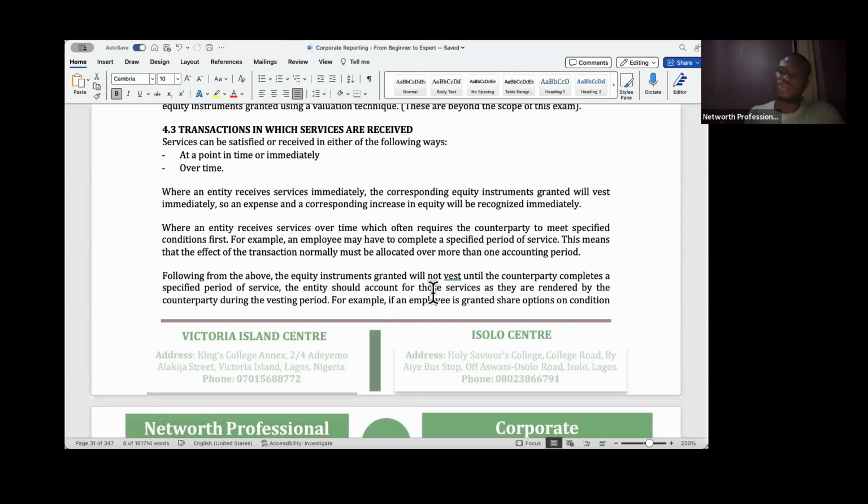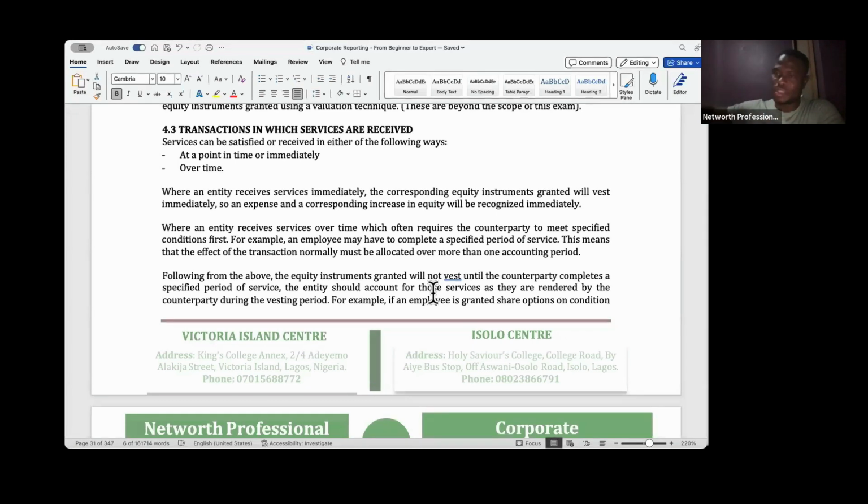And that is what you will find in your exam, where employers give their employees share options. And because these services are received by the entity over time, hence, the equity settled share-based payments must also be recognized over time.